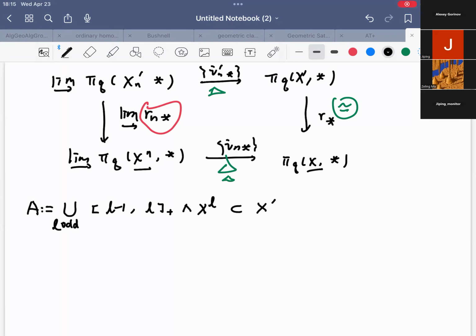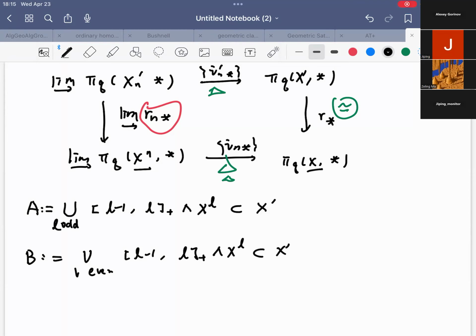X prime is the telescope, and you have another part, B, where you take the even numbers, and this is another part in the telescope.